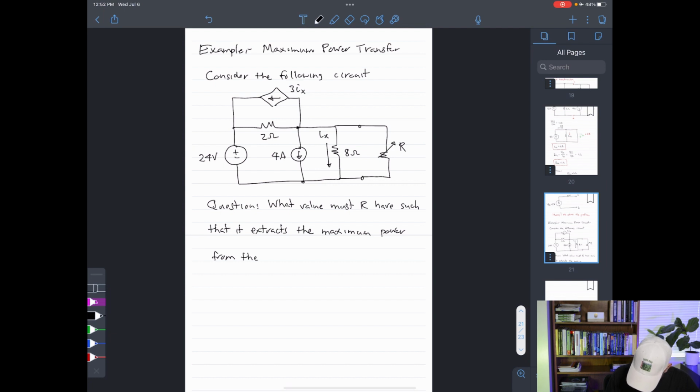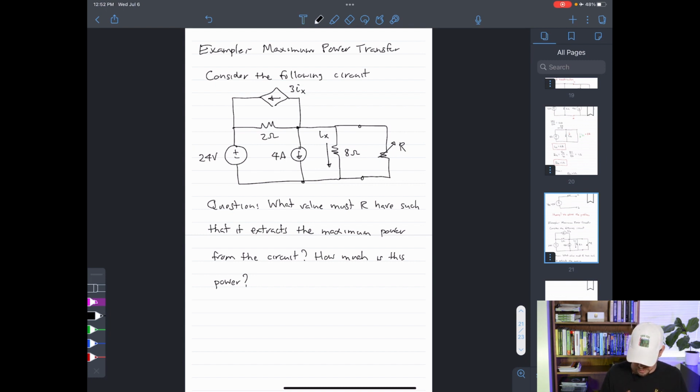And secondly, how much is this power? So it's a two-part question. What value must R have so that it gets the max power, and how much is that max power?